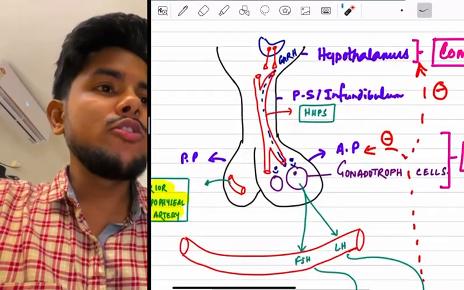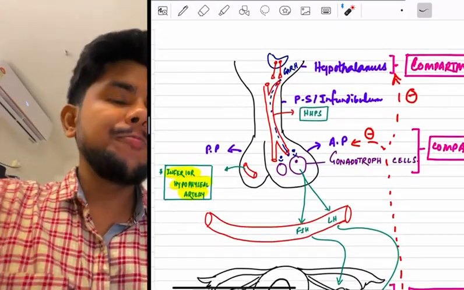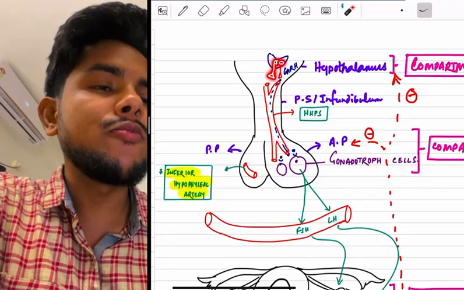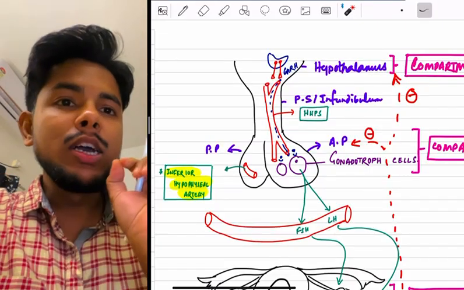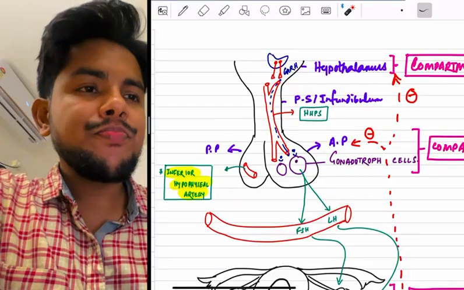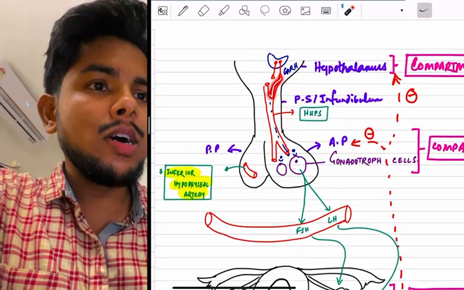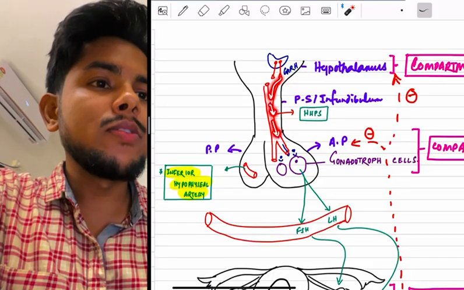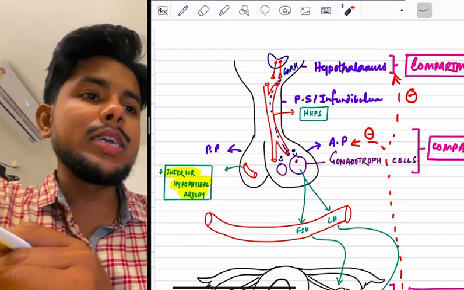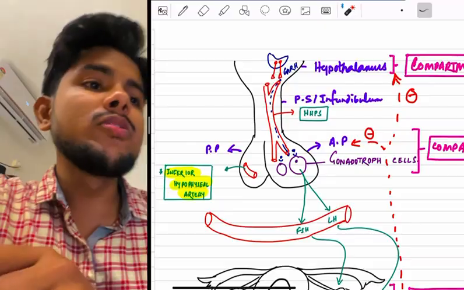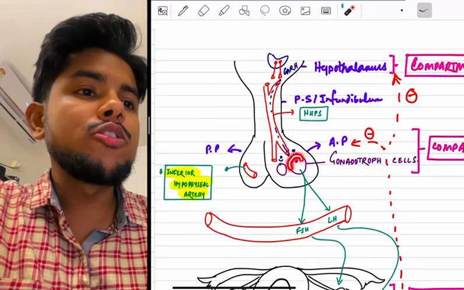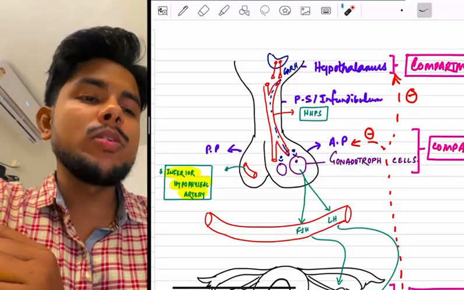If I focus on this part, these are the neuroendocrine cells which release a very important hypothalamic hormone called gonadotropin releasing hormone. Once released, it enters the hypothalamo-hypophyseal portal system as discussed earlier, and then reaches its target, which is the anterior pituitary, and its target cells are gonadotropes. So these are the gonadotrope cells.